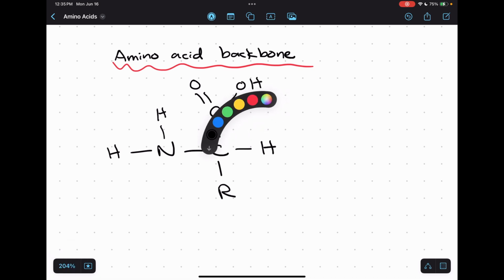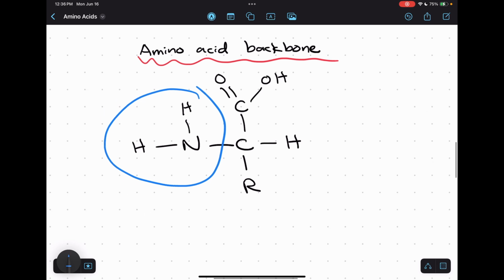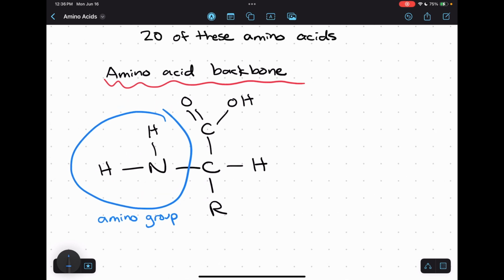This is a general structure of the amino acid backbone, and we have several parts. We have this group over here, which is the amino group. The amino group is why we have the amino part in the amino acid name. Why do we have the acid part in the name?